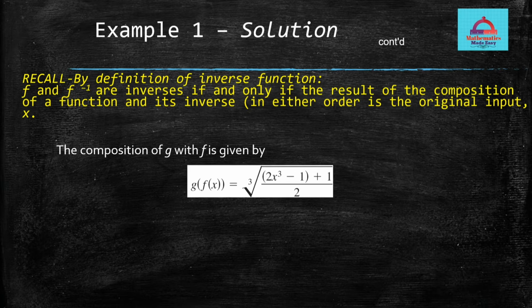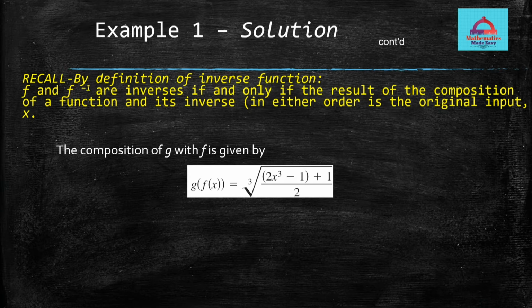So let's check the other composite function, g of f(x). Here you will first take the function g, and inside it you will take the input as the function f(x). So let's substitute the value of f(x) in function g. When you do that, you get the cube root of (2x cubed minus 1 plus 1) divided by 2.